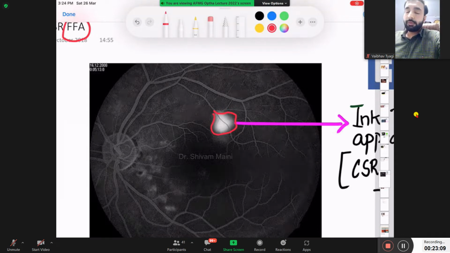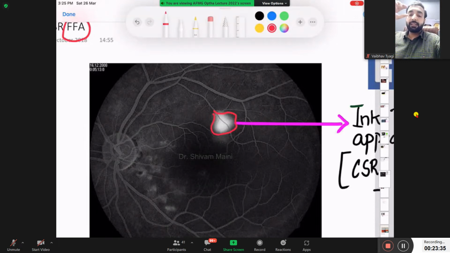What is the main use of FFA? If you want to quantify, if you want to see the exact pinpoint location of leakage from the blood vessels, I will do fundus fluorescein angiography. How is fundus fluorescein angiography done? We inject fluorescein dye, liquid dye, in the antecubital vein, right? And then that dye goes into your blood circulation.